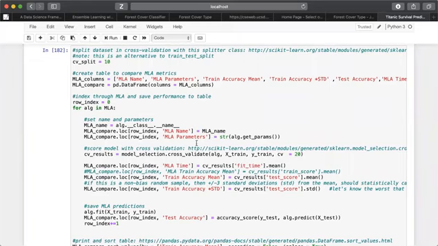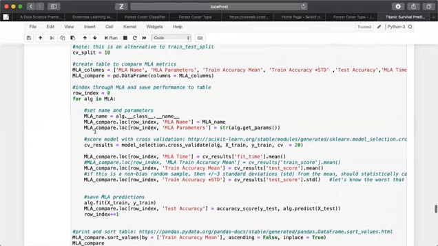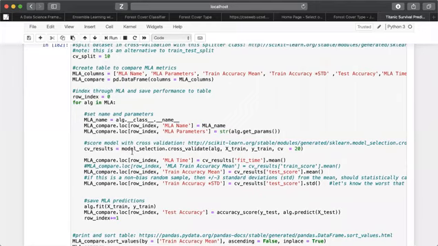MLA compare, MLA parameters, it will take from alg dot get params. Every classifier has got get params, so it will fill by getting the parameters. Then the CV result: we have used the cross validate, this classifier on the X train, Y train, and CV cross validation is equal to 20.